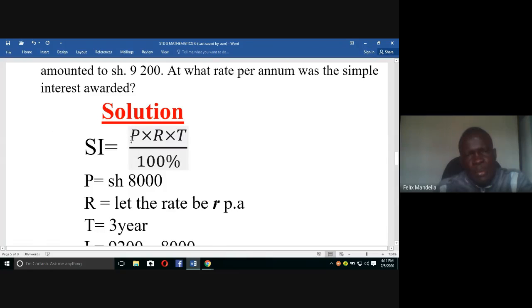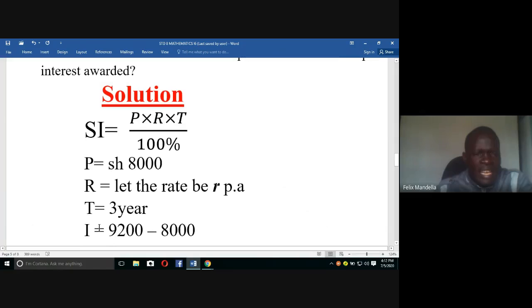Now, principal times rate times time over 100 is the formula for simple interest. 8,000 is the principal. Rate, we are talking about something we don't know. So let the rate be R per annum. Time is 3 years. Now, how much interest had this money earned?